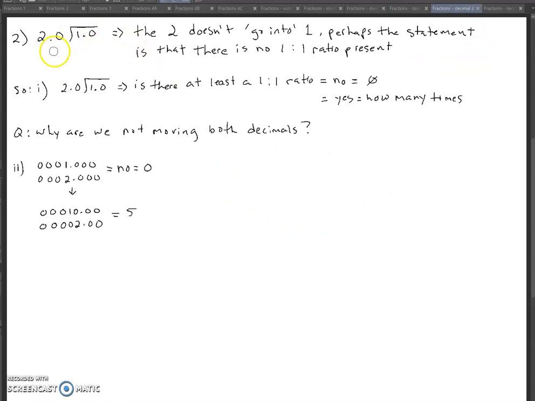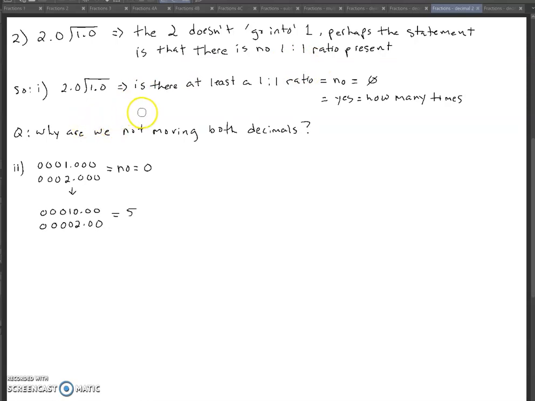So if we say 1 divided by 2, the 2 doesn't go into 1. Perhaps the statement is that there is no 1-to-1 ratio present. Again, this is just a conversation I'm having.